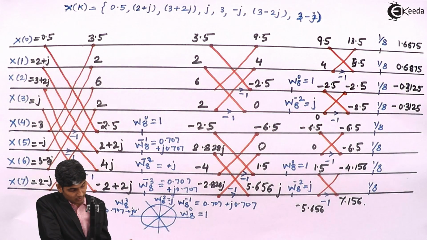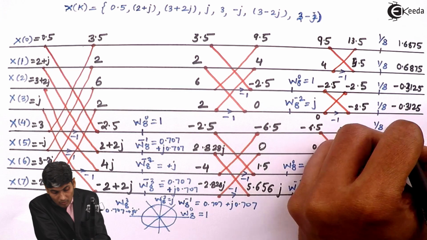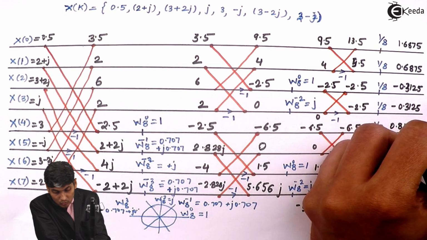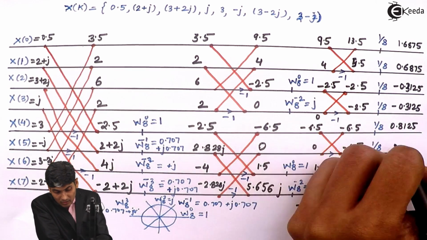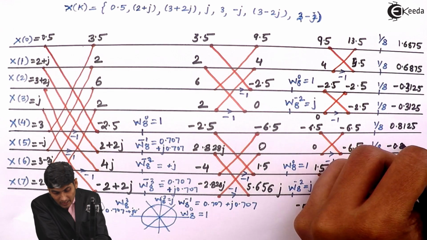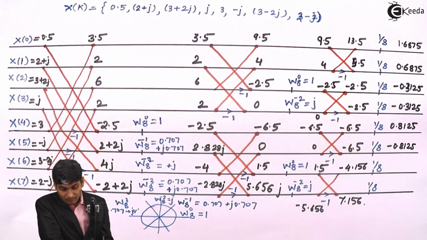Then minus 6.5 divided by 8 will give me minus 0.8125, and here also it gives minus 0.8125.